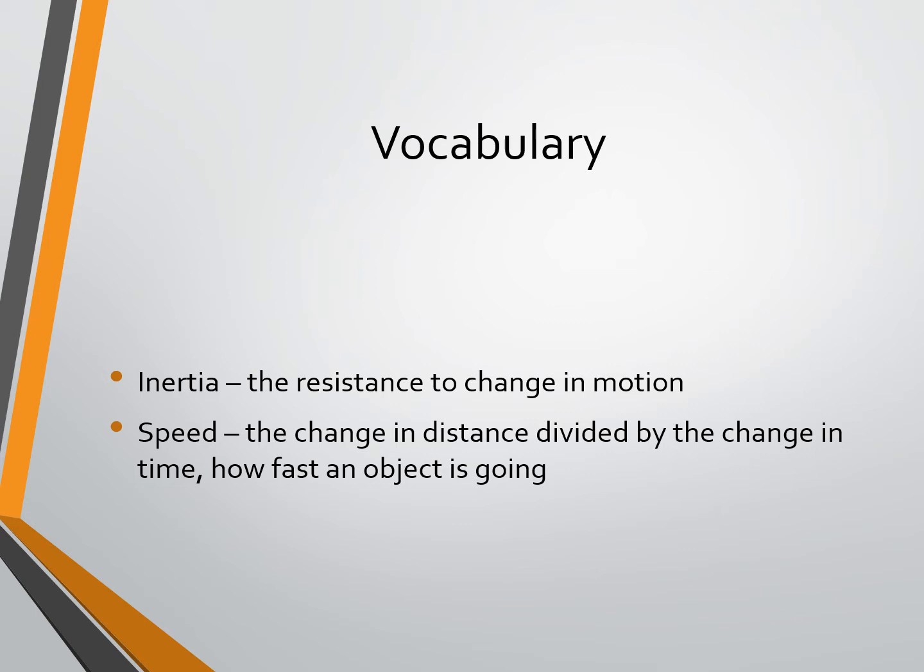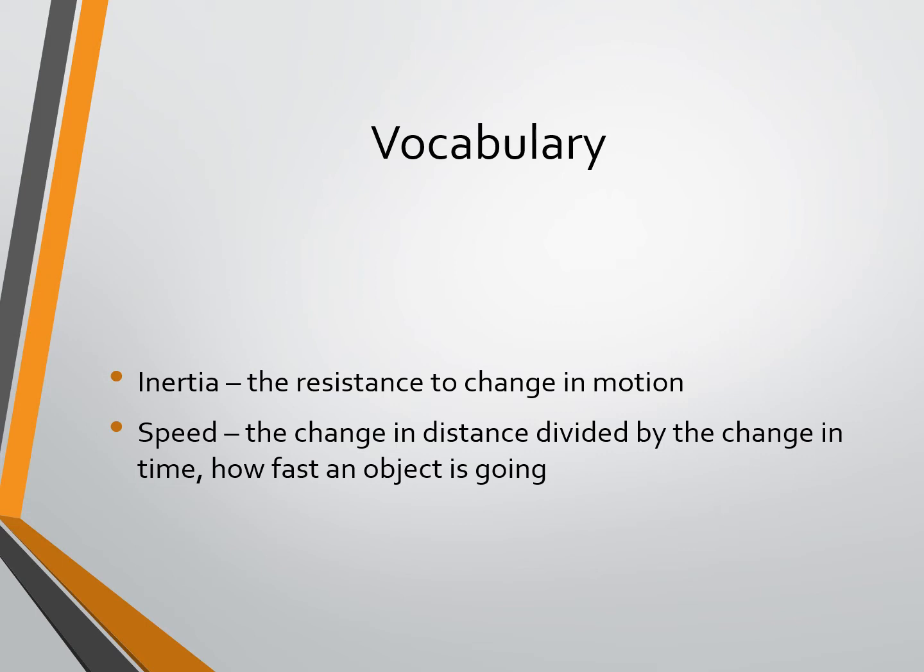Inertia is the resistance to a change in motion. We're going to talk about inertia again a little bit later in the semester, but the more inertia an object has, the more it's going to resist motion. If you think about objects inside of your house, there's some stuff that's really easy to move.